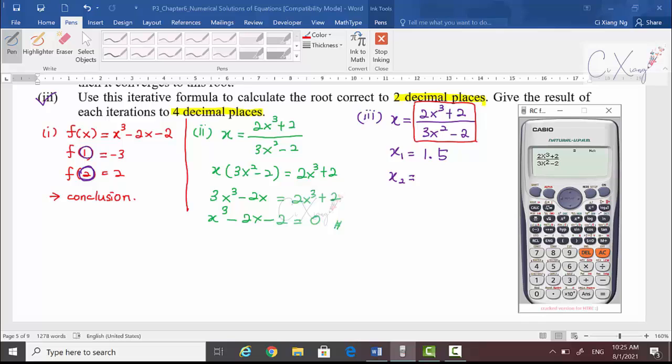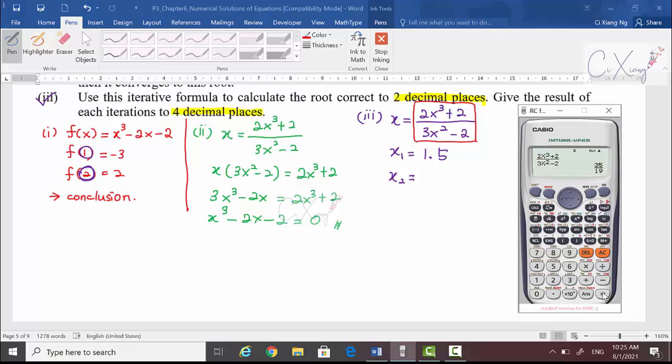So how to get the value of x2? Once you key in the formula correctly, you click on the calculation, CALC. Can you see that? Your calculator will ask you what is the value of x. So you key in the first value that we have, which is 1.5. So I will type in 1.5 here, and I press the equal sign.